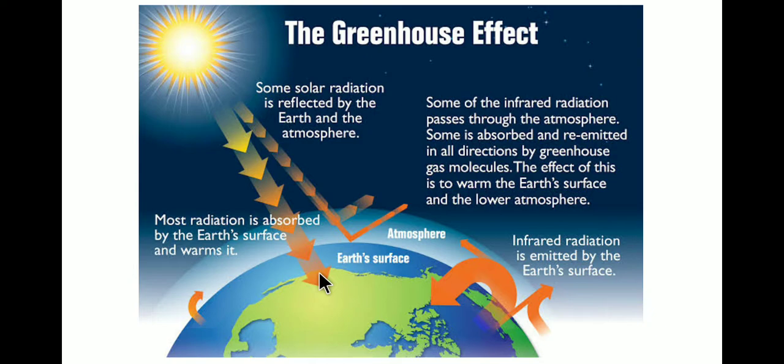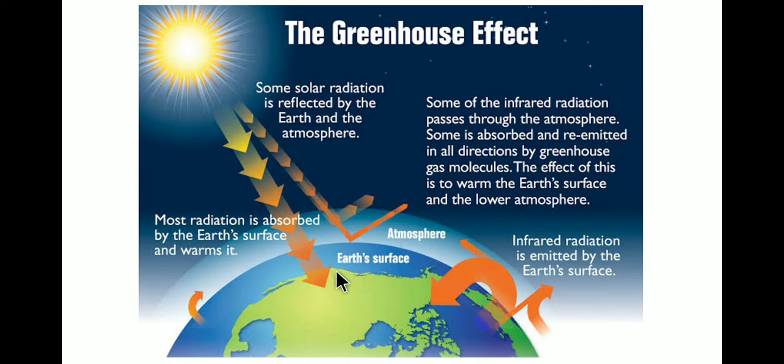After it reaches the Earth's surface, the surface of the Earth also in turn reflects that heat energy in the form of long wavelength, and those energies are reflected back into the atmosphere.